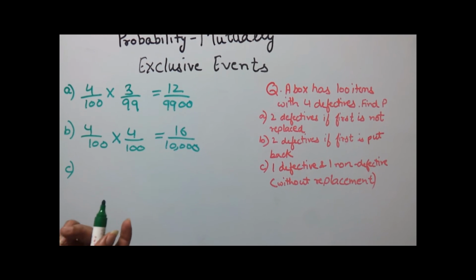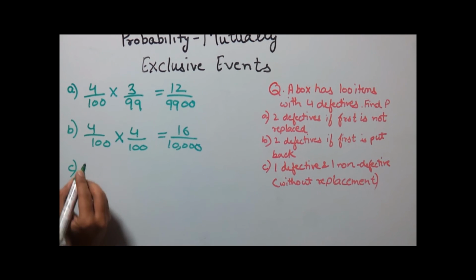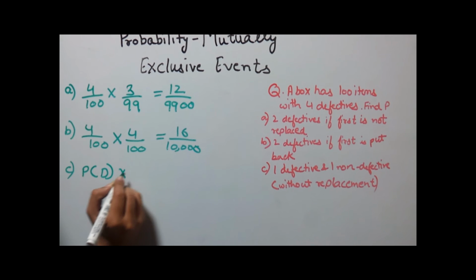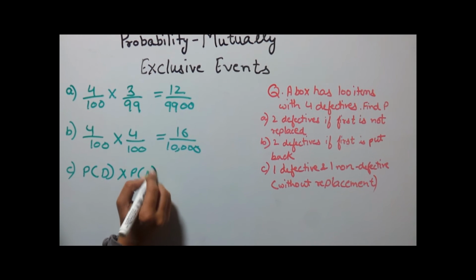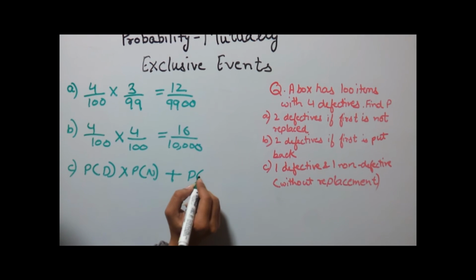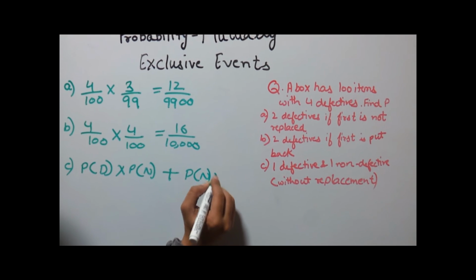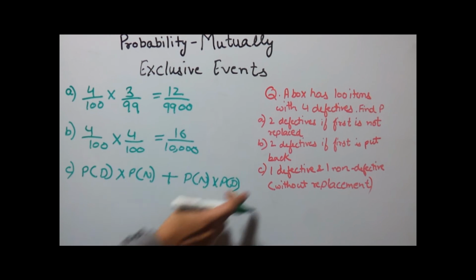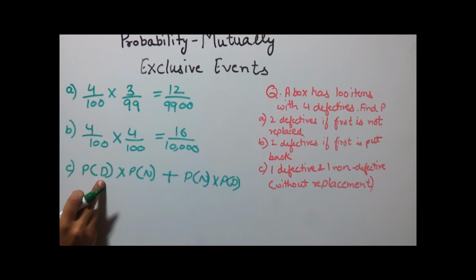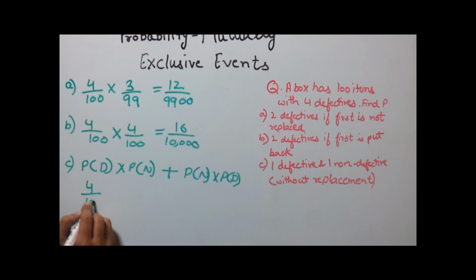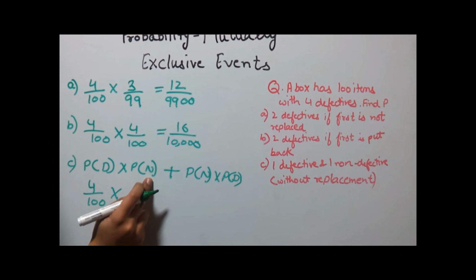So our answer becomes the probability of first defective times the probability of non-defective, plus the probability of non-defective times the probability of defective.